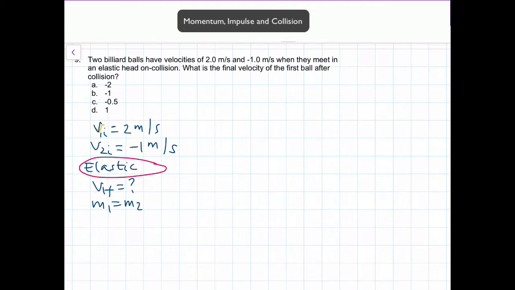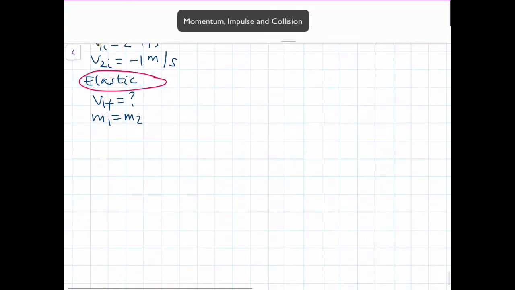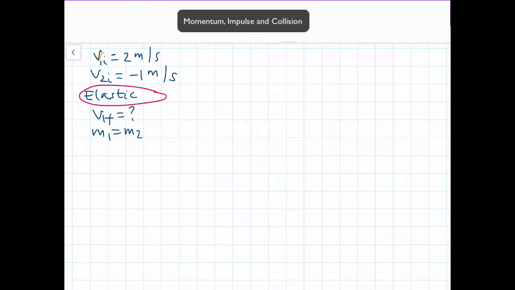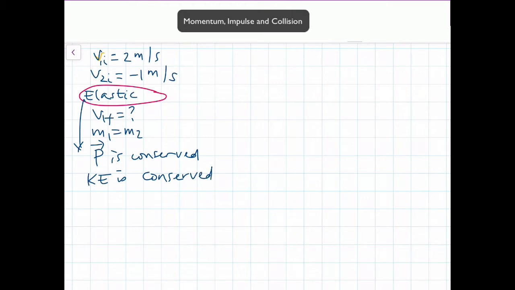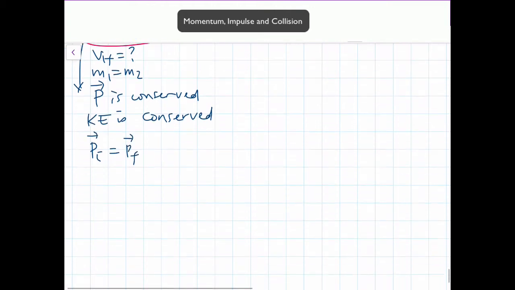It is an elastic collision. So if it is an elastic collision, that means both momentum and kinetic energy are conserved. Since this is elastic, P is conserved and kinetic energy is conserved too. Let's start with the momentum. P initial equals P final. Please pay attention.